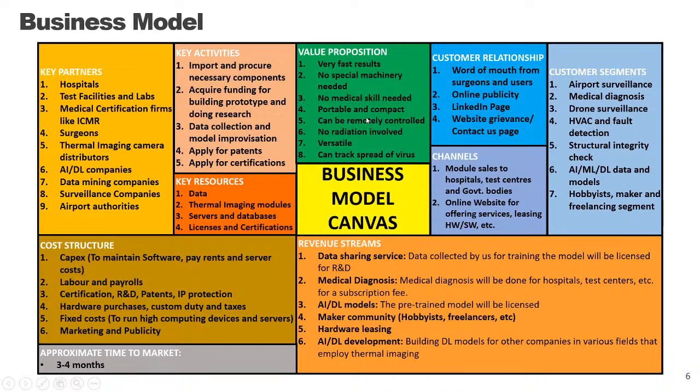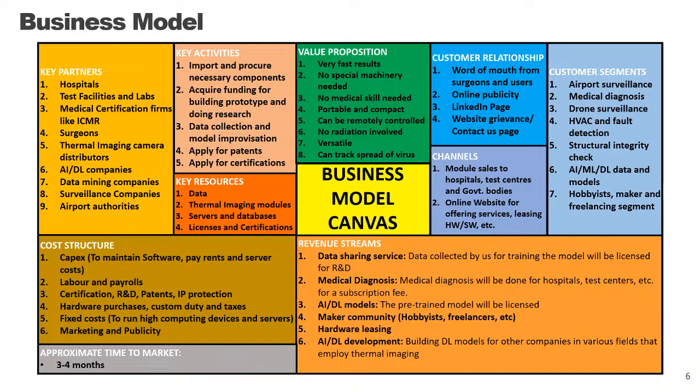Our value propositions are mainly related to our features: fast results, no special machinery required, medical skill is not required, portable and compact, remote control, no radiation involved, and versatility. Versatility is something I would like to stress because most things might go out of demand once the pandemic ends, because they have been mass produced too much or are very specific in their application.